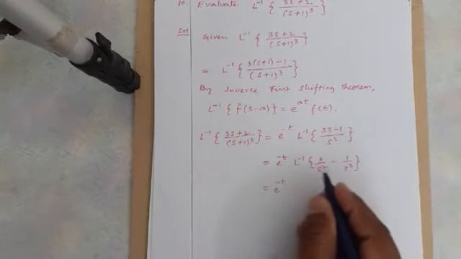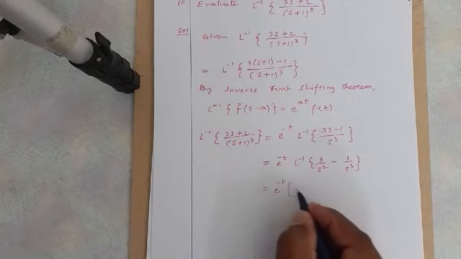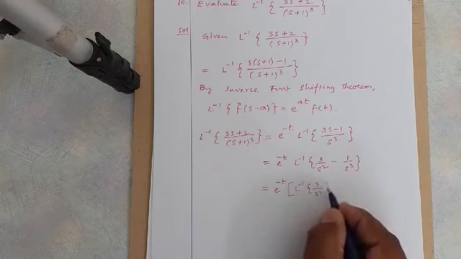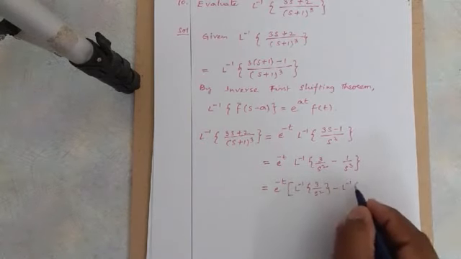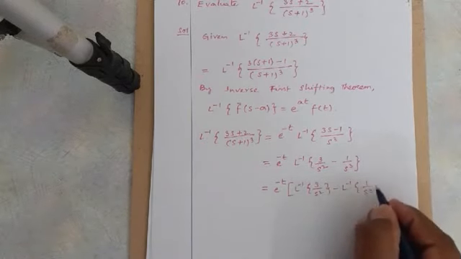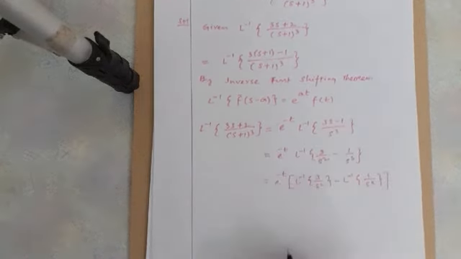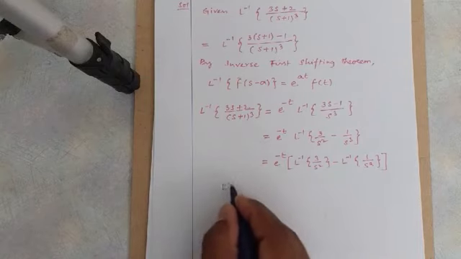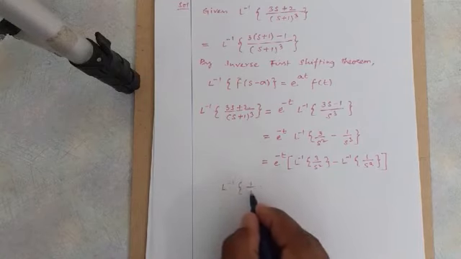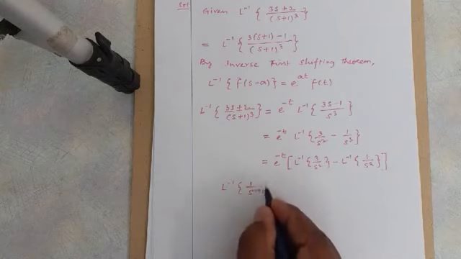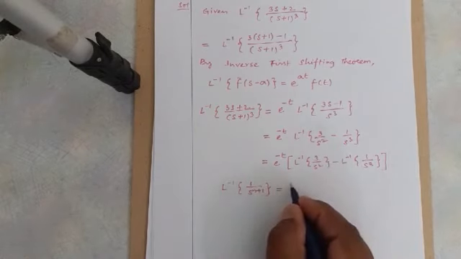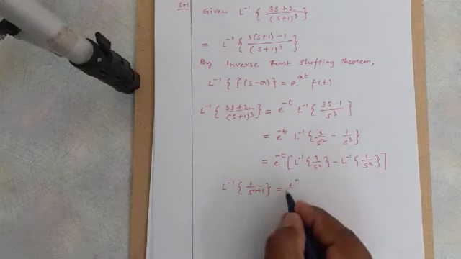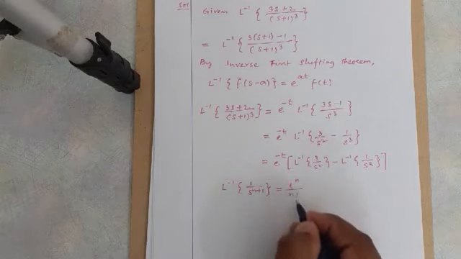Now if you separate the terms, then this becomes L inverse of 3 upon s square minus L inverse of 1 upon s cube. Now you know the formula: L inverse of 1 upon s power n plus 1 is equal to t power n upon n factorial.